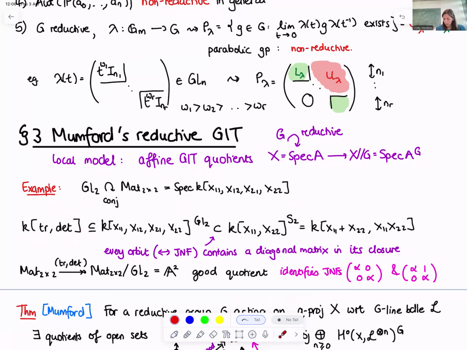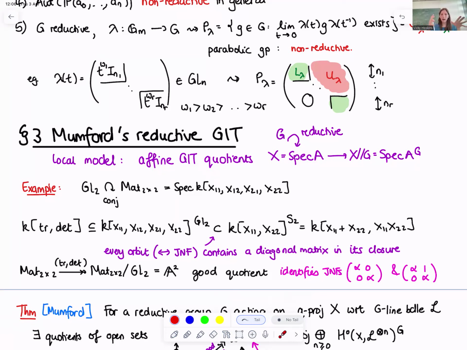But from another perspective, if you want to describe this invariant ring, well, you know that any invariant function will be constant on orbits and also on orbit closures. And every orbit contains in its closure actually a diagonal matrix, because orbits just correspond to Jordan normal forms.